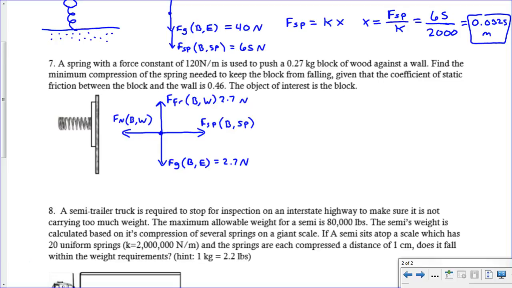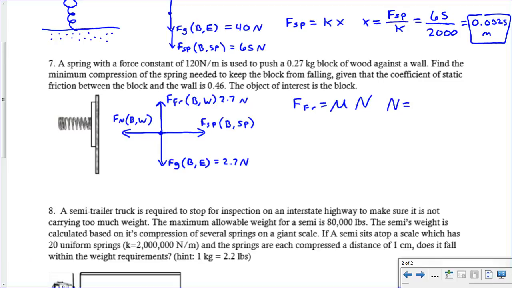And this is where it gets a little bit tricky. We know the friction force has to be 2.7. We know the coefficient of friction. If we know those things, then we've got two of the variables in this equation: force of friction equals the coefficient of friction times the normal force. We can figure out the normal force from this.